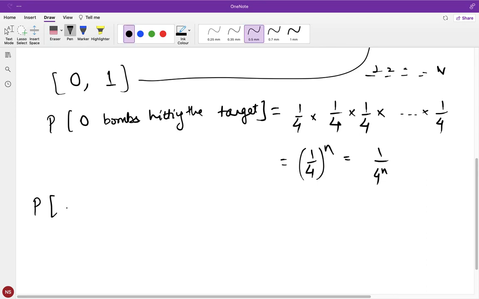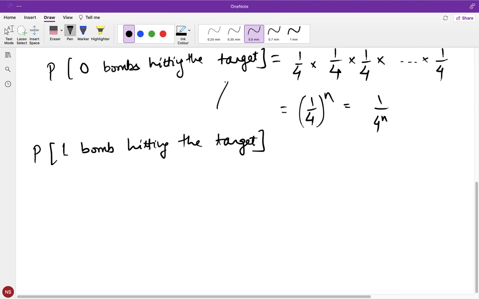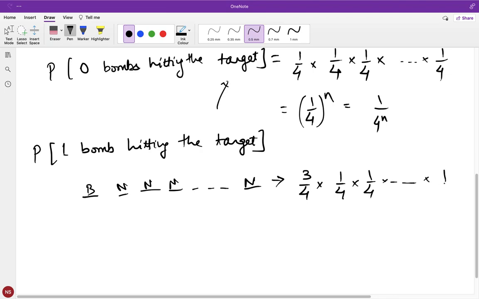Now I have to find the probability of one bomb hitting the target. We have to look carefully at this one, because it's not as easy as this one. Maybe the first bomb hits. First bomb hits, second no, third no, nth bomb no. So what is the probability for this case? First bomb hitting the target 3 by 4, second not hitting 1 by 4, third not hitting 1 by 4, dot dot dot, 1 by 4.